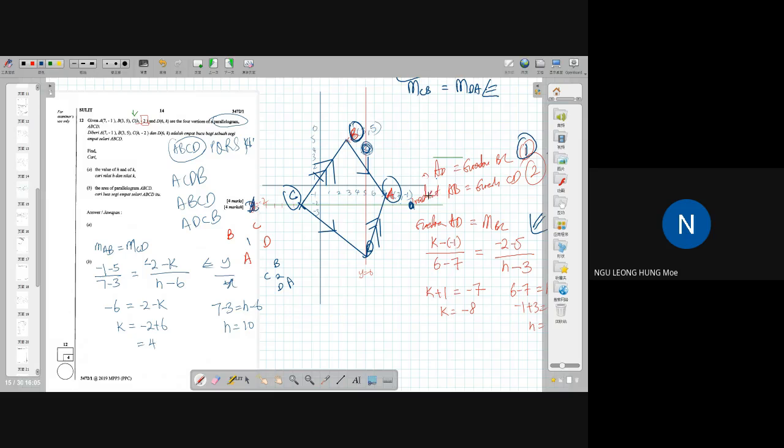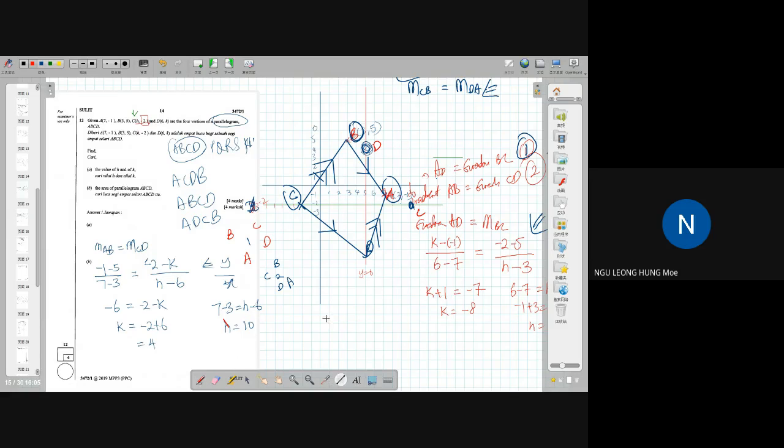Betul tidak? Yes. Okay, sekarang saya guna warna merah. H ini untuk C. C ialah 10. 7, 8, 9, 10. Ini 10. So, ini C. Ini D. Okay?